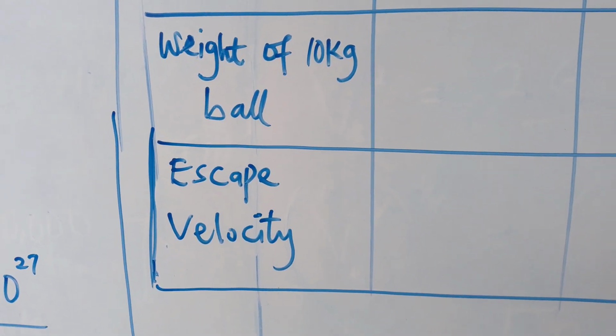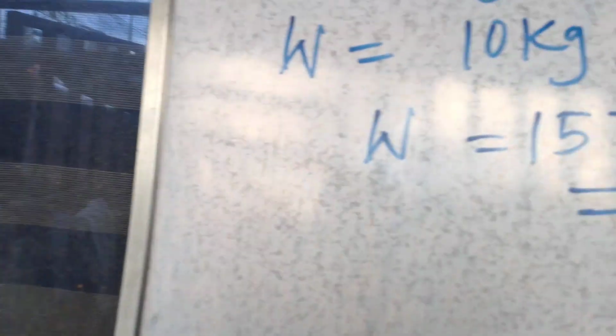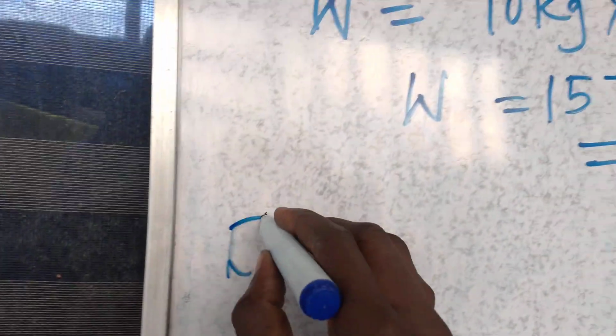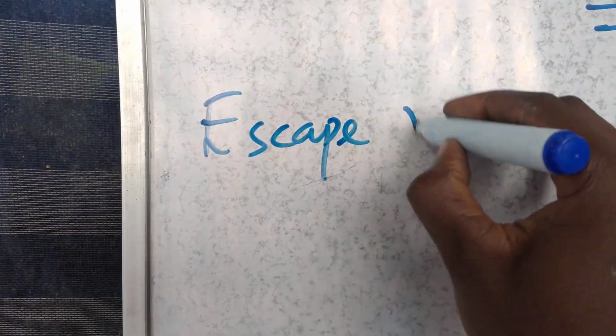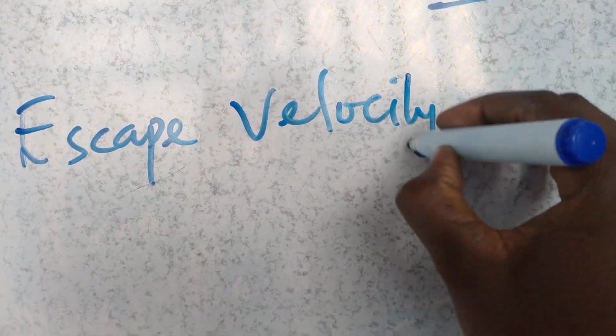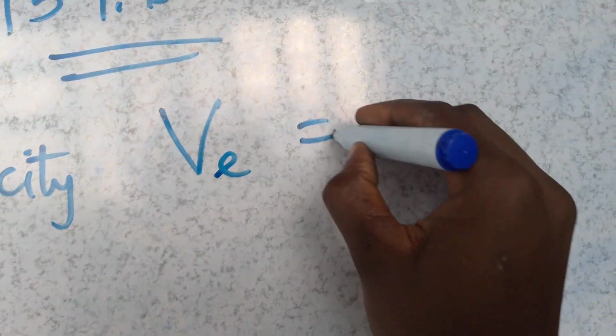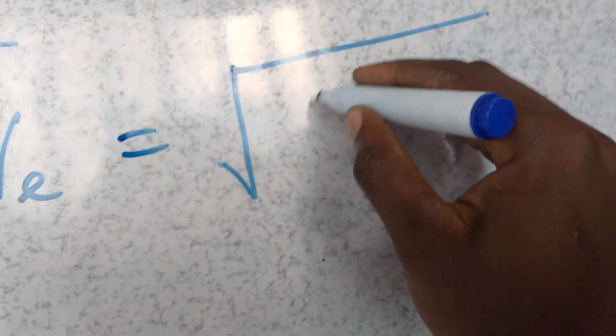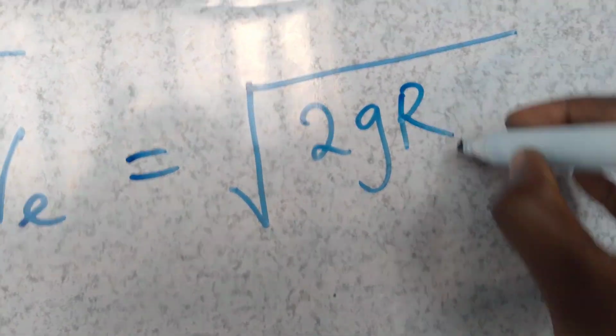Okay, the next thing they say we should solve here is the escape velocity. So the escape velocity VE, I'll use the second formula. V is equal to the square root of 2gR.